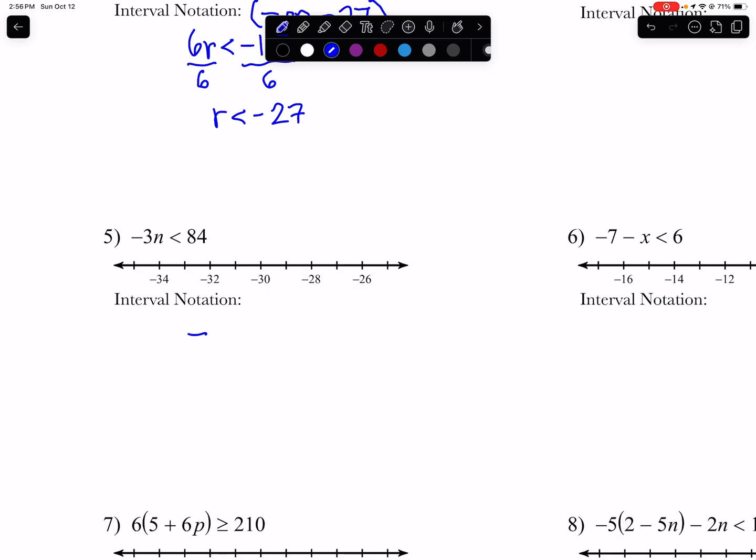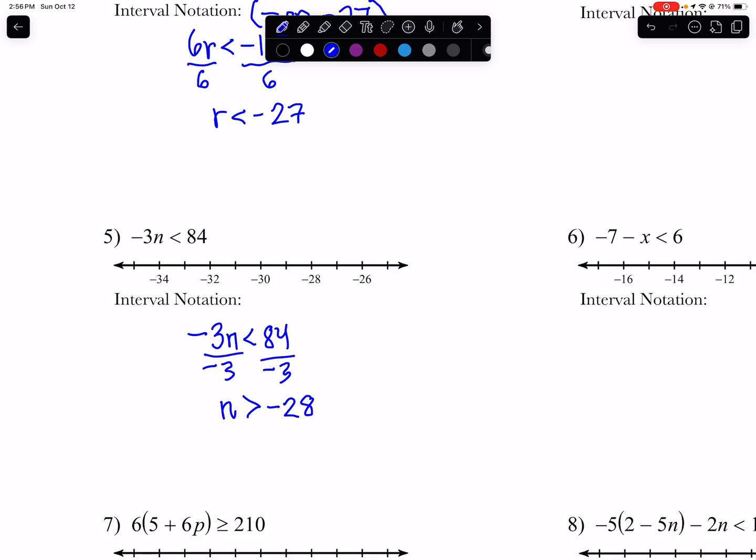Okay. This is a problem where we are going to go ahead and flip the sign because we're dividing by that negative. Okay. So we're going to flip this, and this would be 28 with the negative. All right.